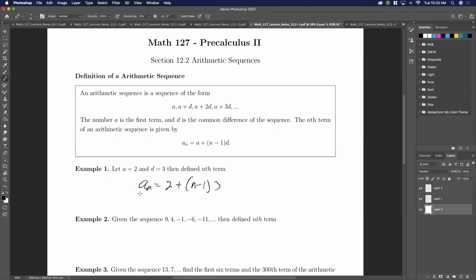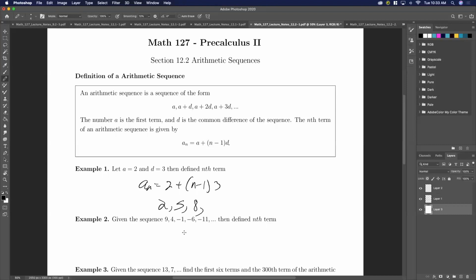So if we know the common difference and we know the first term, we can write out any term of the sequence just for fun. The first term would be 2, the second term would be 5, the next term after that would be 8.